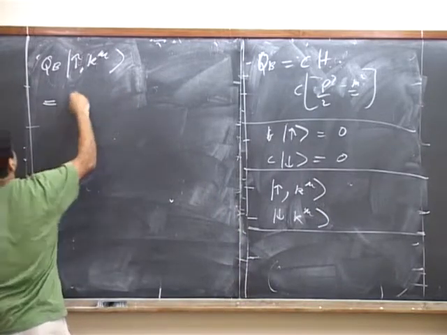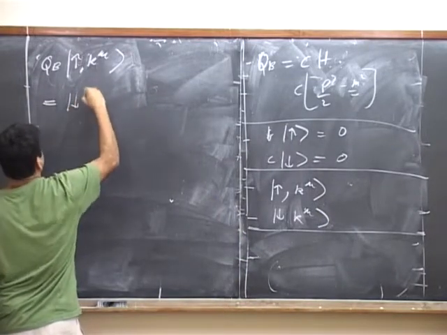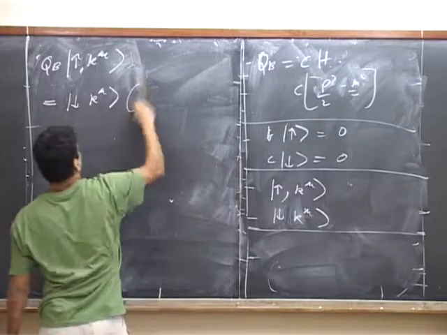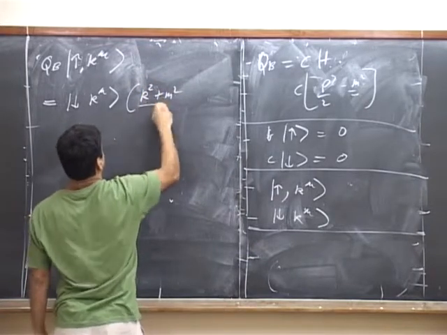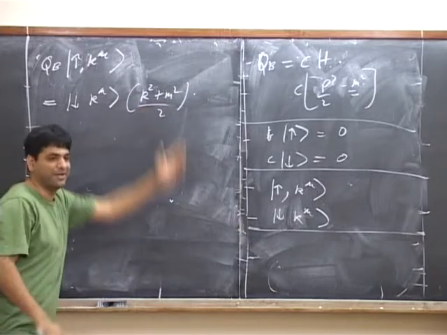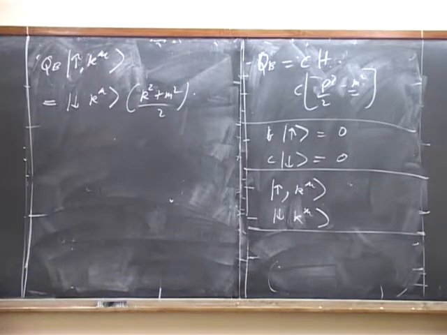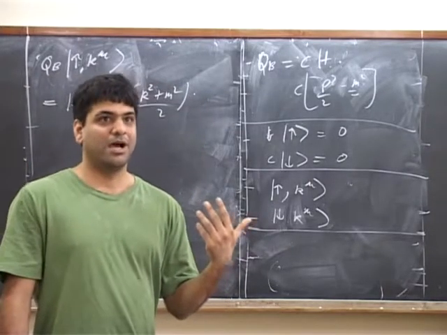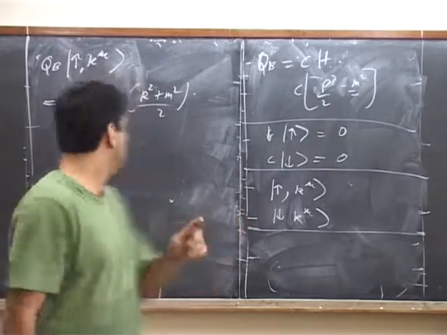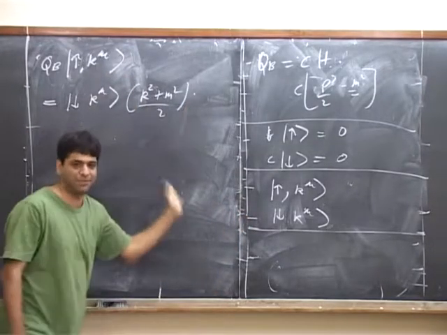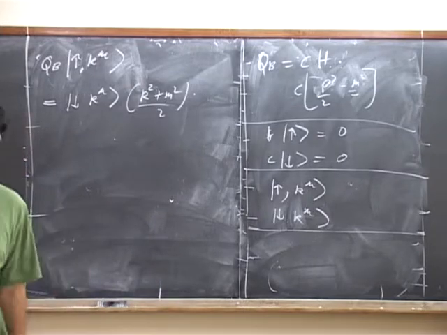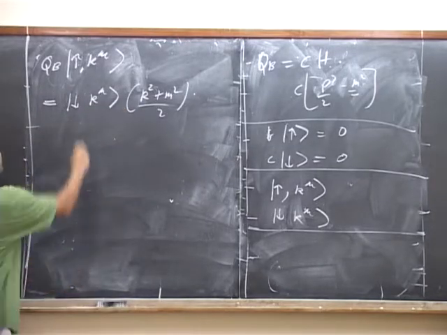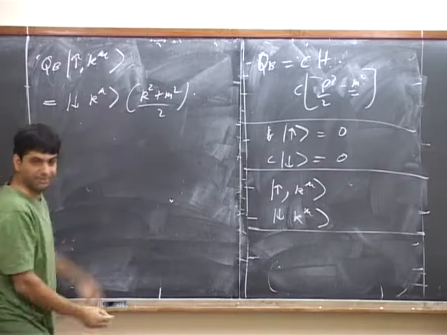So this is the same thing as down times K mu, and then you get whatever you get by acting H on K mu, which is K squared plus M squared by 2, plus or minus whatever the correct sign is for the equation of motion. We should be able to figure out what it is, because in Euclidean space, where we analytically continue back, we should get K squared plus M squared, whatever that amount is. Right? Okay, good. So this is the action of Q_B on up.